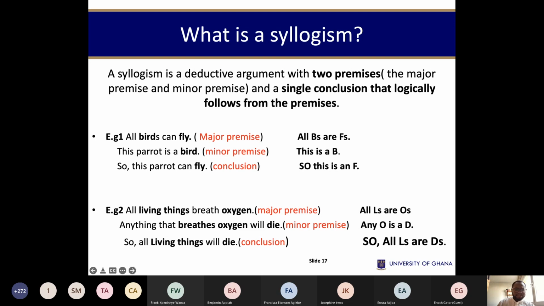I want someone to give me an example of a syllogism. The first 4 people that speak, I want one to give me one that has a universal affirmation and one that also has universal negation.